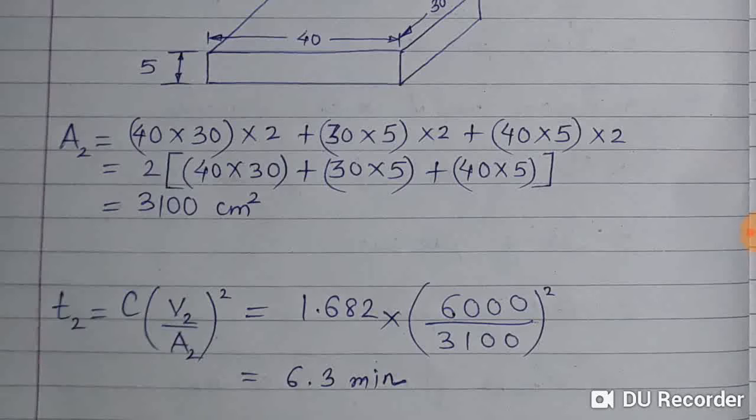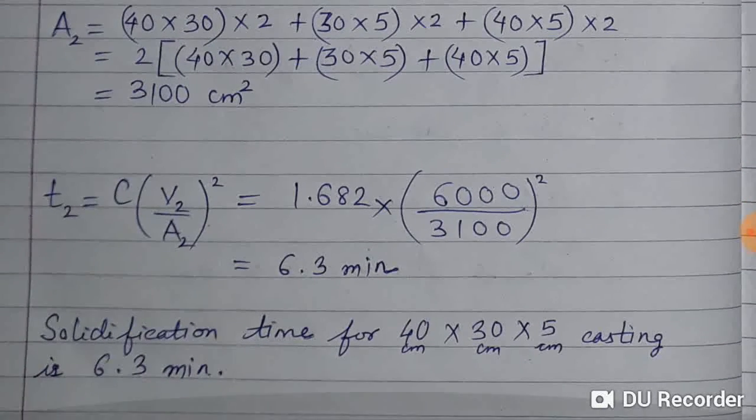I put the value of C, that is 1.682, into 6000 divided by 3100 square. After calculation I got the value as 6.3 minutes. So the solidification time for the casting size 40 into 30 into 5 centimeter cube is 6.3 minutes.